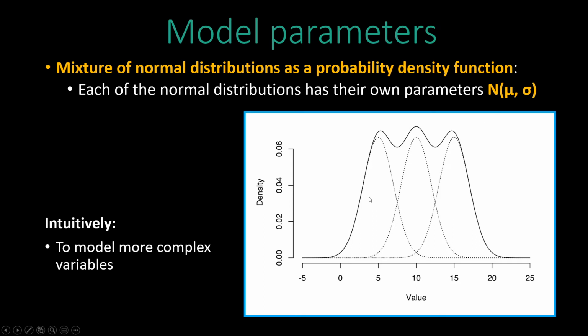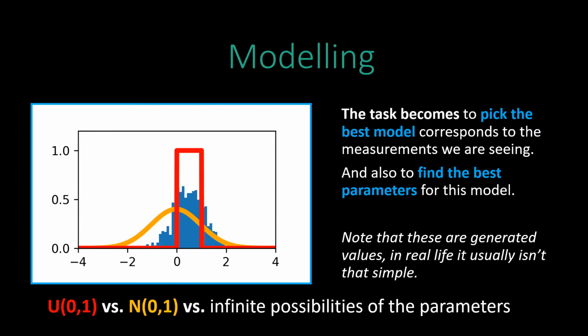So these seem like they would have the same standard deviation, but they would have a different mean, because this one is centered around 10, this one is centered around 5, and this one is centered around 15. But in combining them, you can have a different curve, which maybe corresponds to something in nature better.